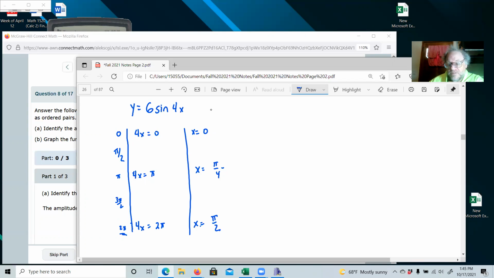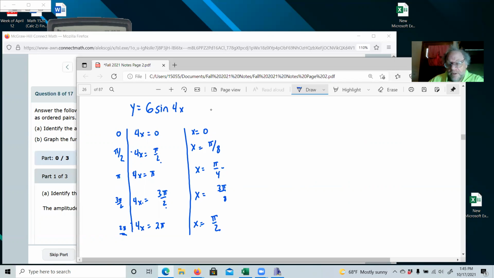What's 3 halves of the way? So we're going to say 4x equals 3 halves pi. Divide both sides by 4, and we get x is equal to 3 pi over 8. Or 4x equals pi over 2. Divide, and we get x equals pi over 8.